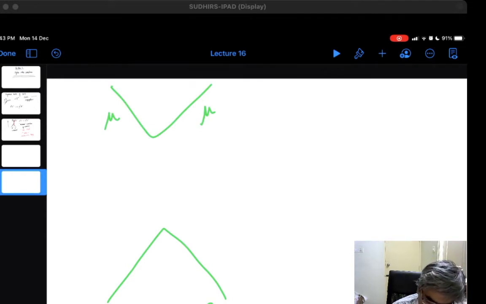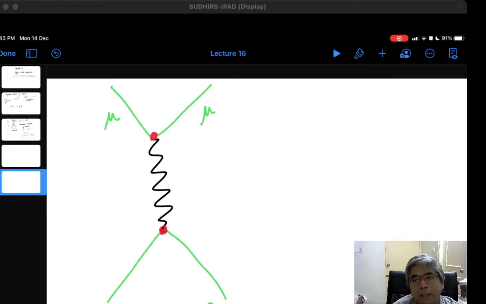Now let's imagine that we are going to put all possible vertices anywhere else. The first set of vertices I have already drawn here, and then the second set of vertices I can think of in various ways. There will be several diagrams. This I will call the tree level. The second set of vertices could be here.